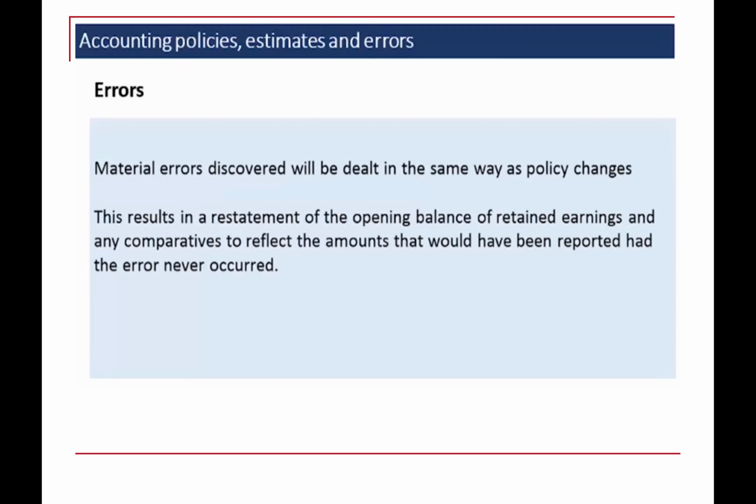So for example, if you realize that when you accounted for your rentals, instead of 100,000 for rentals, you actually put your rental figure as 10,000, which means you understated your rentals by 90,000 and overstated your profits by 90,000. So if you overstated your profits last year by 90,000, it means your retained earnings was also wrong because it included a profit that was overstated by 90,000.